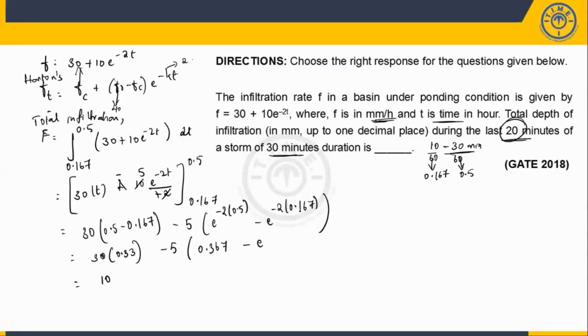Minus e power minus 0.33. Tell me e power minus 0.33. 0.718.